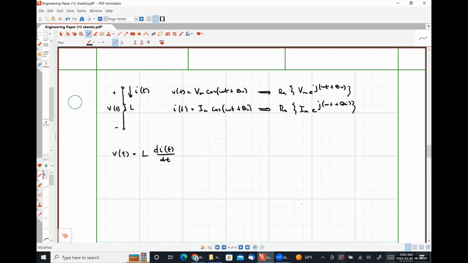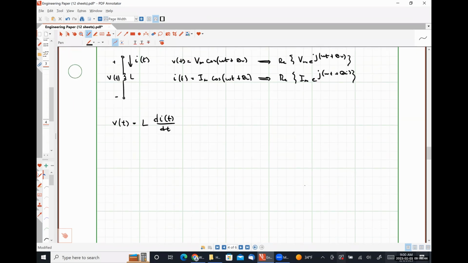And so if we use our complex representations here, that's going to give us Vm e to the j omega t plus theta V will be equal to L times the derivative of Im e to the j omega t plus theta I. So what's going to happen when I take the derivative here?